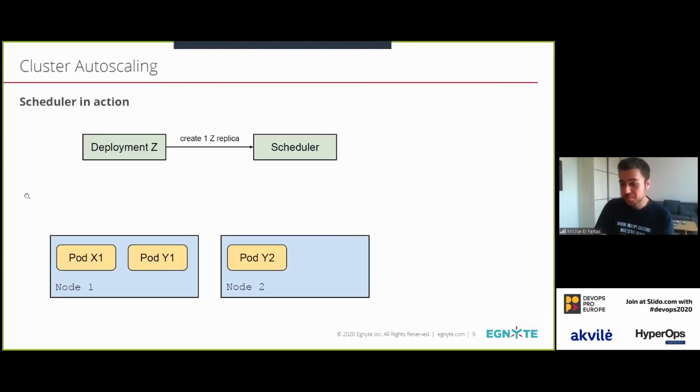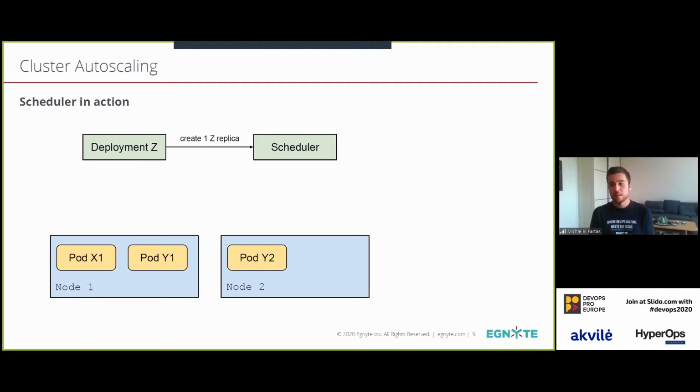So let's go and see how the scheduler behaves in real life. We have right now a two-node cluster. For the sake of this presentation, let's assume that each of those nodes has capacity of 2 pods, so let's not focus too much on the resources right now.